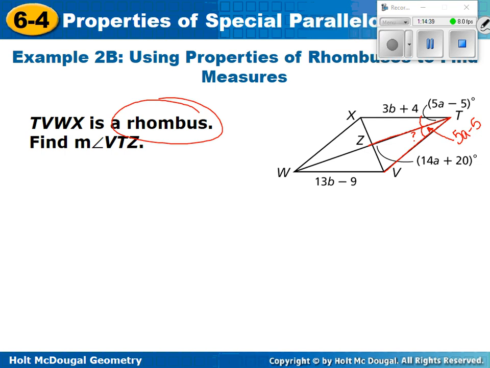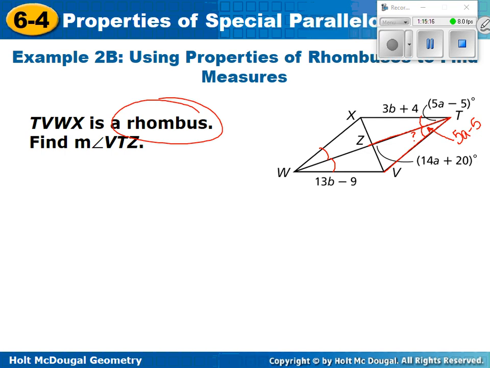Okay, so we do know that these angles are also going to be 5a minus 5. But because we don't know angle WVT, knowing that these are supplementary isn't going to help us, okay?